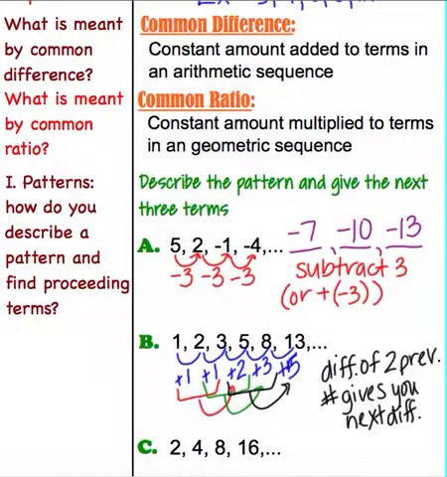So in that case, I look here and say, I have plus 3 and plus 5, which is going to give me my next difference, which is going to be plus 8. So 13 plus 8 is 21. And then I've got plus 5 plus 8.